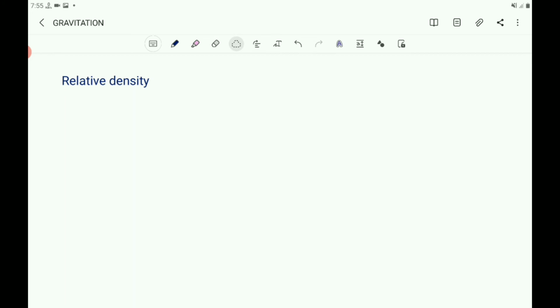So the relative density of a substance is the ratio of its density to that of water. This relative density is also called the specific gravity. So you write, it is also termed as specific gravity. Specific gravity and relative density are same.